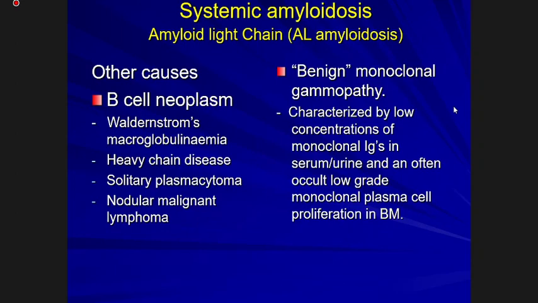Another type is benign monoclonal gammopathy, characterized by low concentrations of monoclonal immunoglobulins. All these types of immunodyscrasias are because of monoclonal proliferation of your B cells. They can form amyloidosis, but the main one is multiple myeloma.